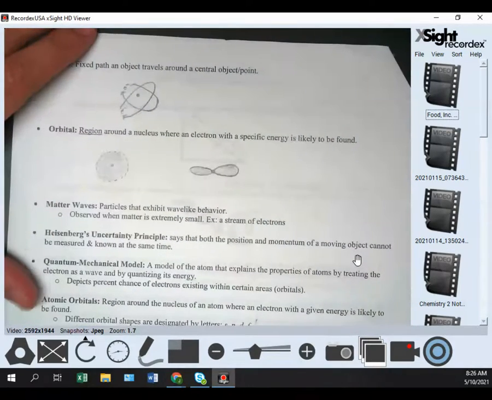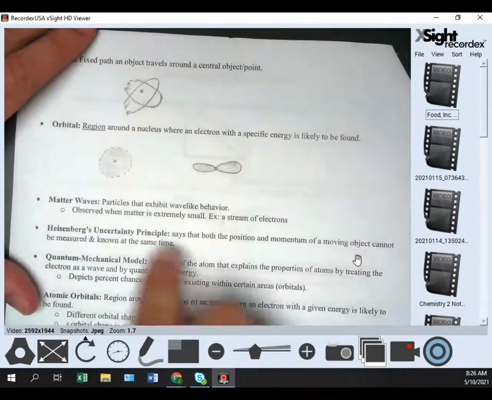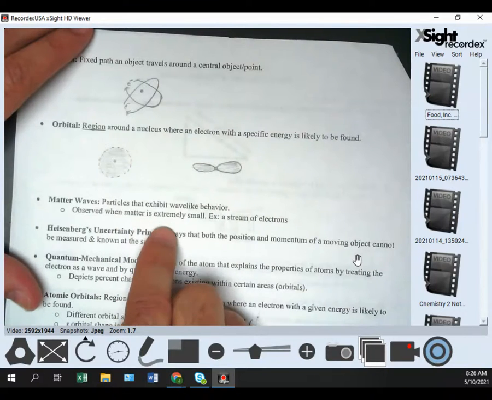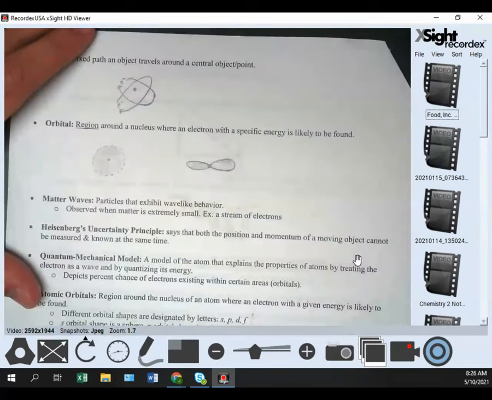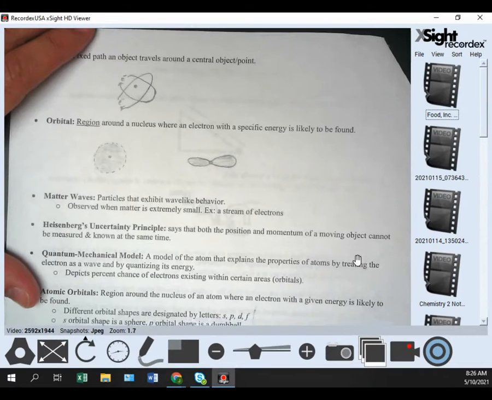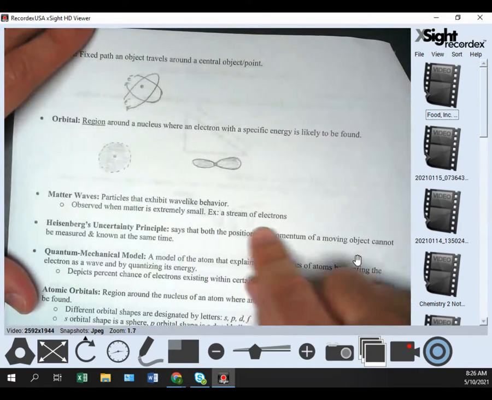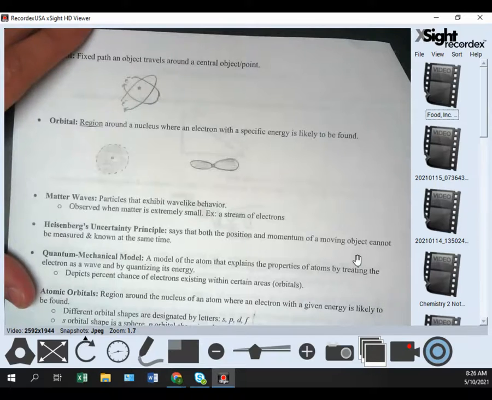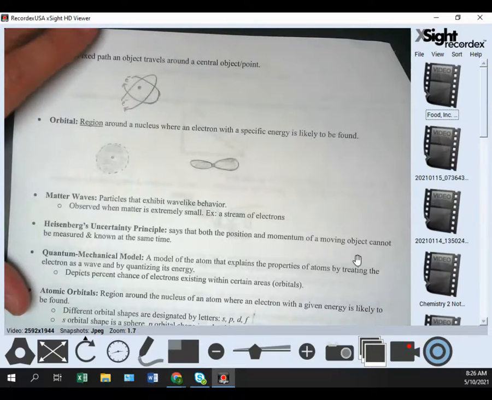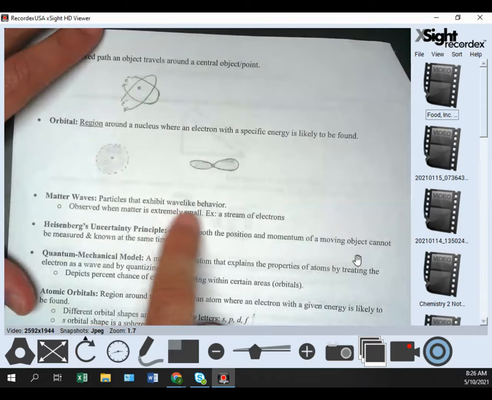The flip side is that matter can actually exhibit wave-like behavior, and you observe that when matter is really small, for example, a stream of electrons. We said electrons are really small. You get a stream of electrons and they actually start having wave-like behavior.